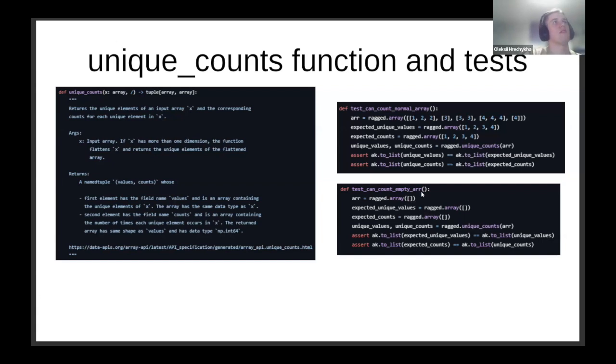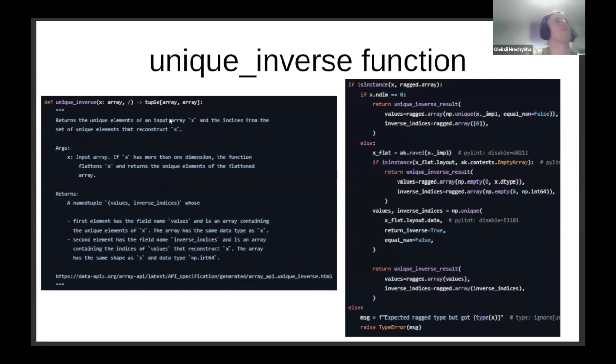And I think the most tricky function by far was unique. Yeah, this one, the unique inverse function, which says that you must output an array which reconstructs X, and it was not very obvious to do.